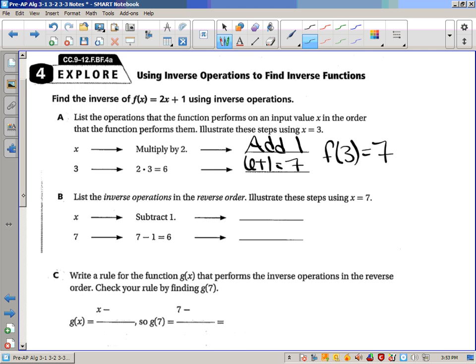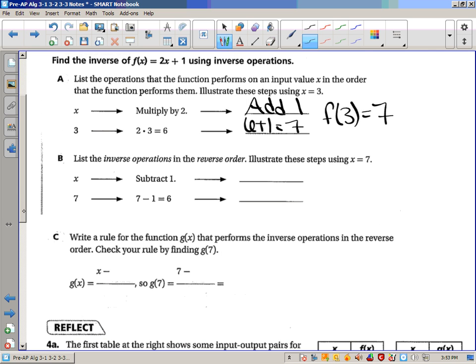So the operations backwards from the original function would be to subtract 1, then to divide by 2. So if I take 7, subtract 1, we get 6. If I take 6, divide by 2, we get 3. Well, 3 was the input value.